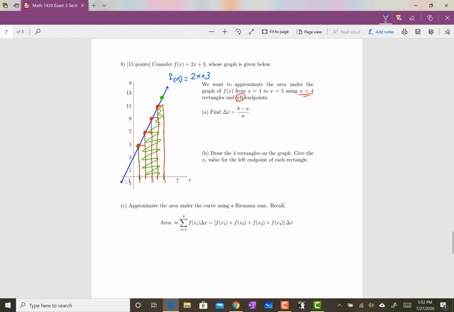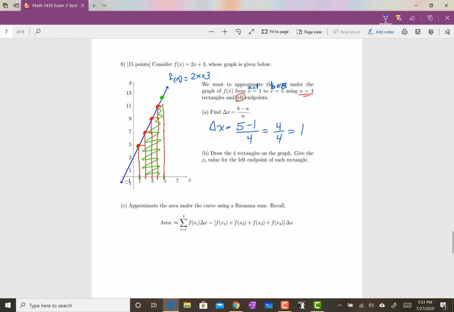And let's remind ourselves that the first value that we see is really our a value. So this is really a equals 1. And the bigger value that we see is really our b value. So that's really b equals 5. And then, of course, we're told what n is. So in this case, our delta x is going to be 5 minus 1 over 4. Well, that's 4 over 4, and that is 1. So our delta x is 1.